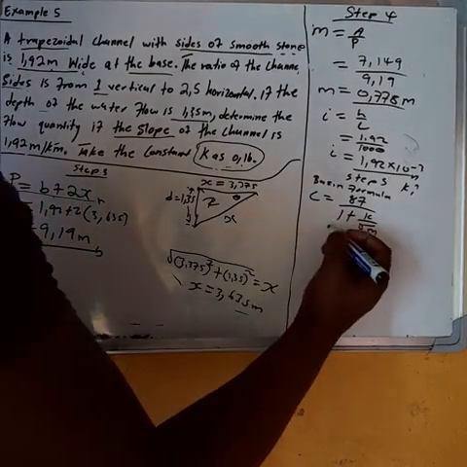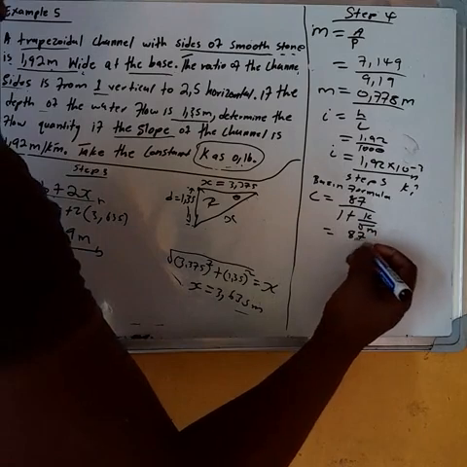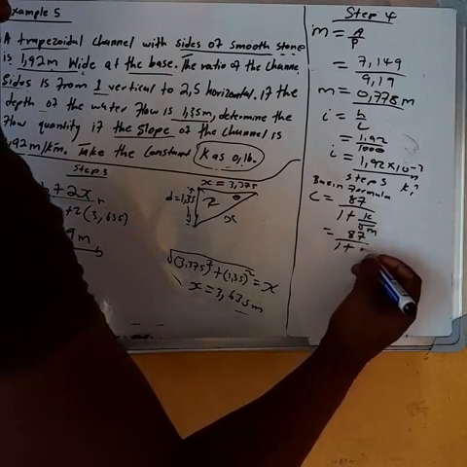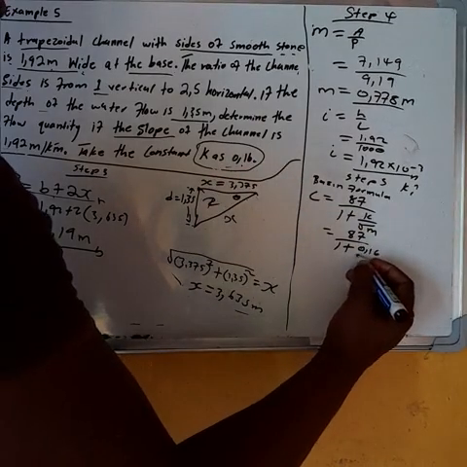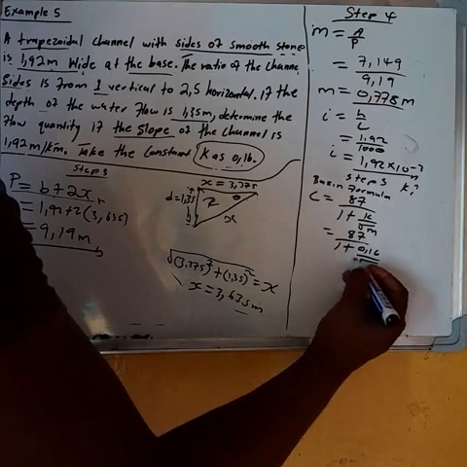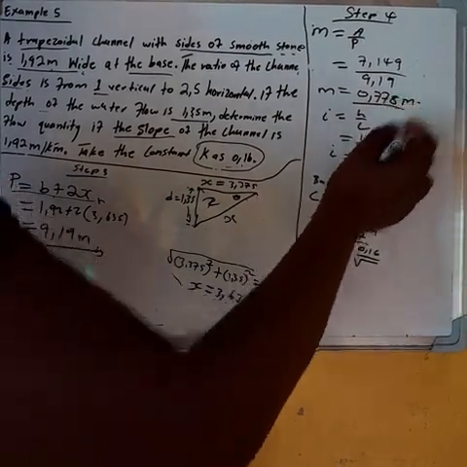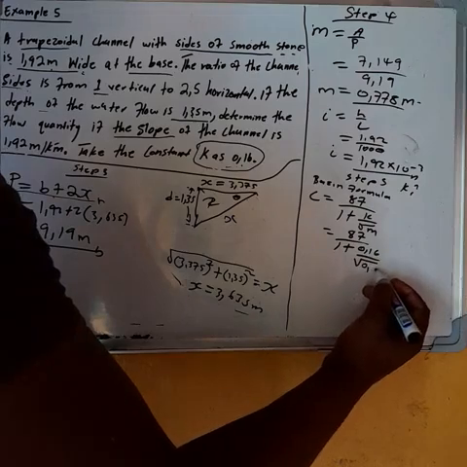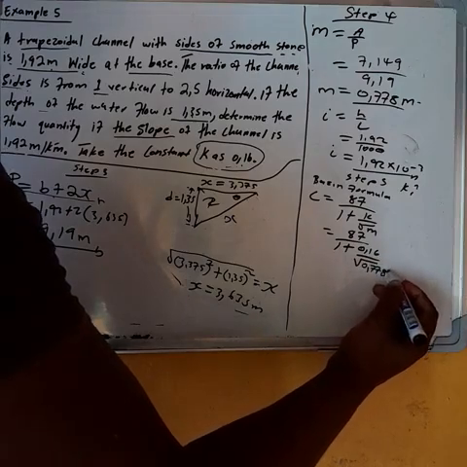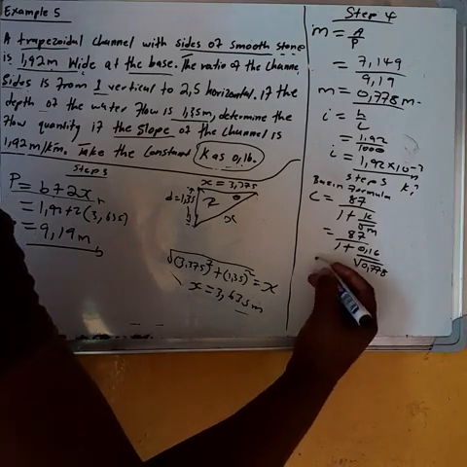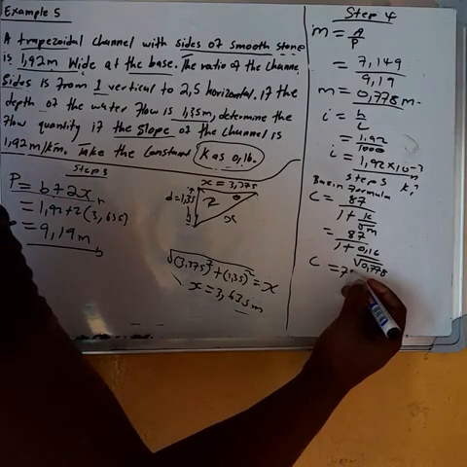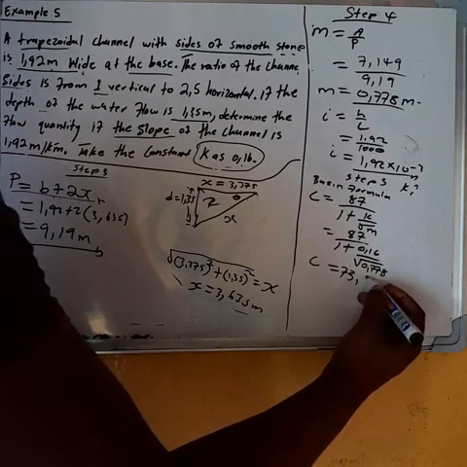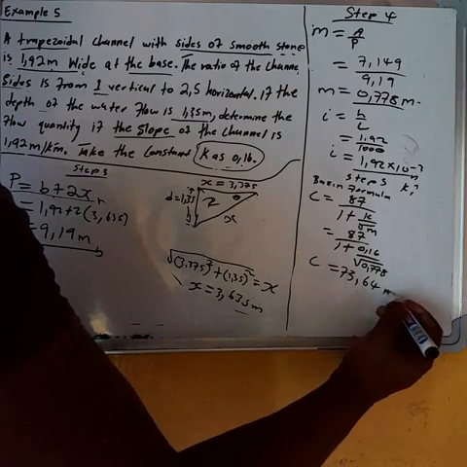You substitute what you know. Here it's 87, here it's 1 plus our K, which is 0.16, over square root M, where M is this one there, 0.778. Then you punch that in your calculator. You're supposed to get that C is 73.64.